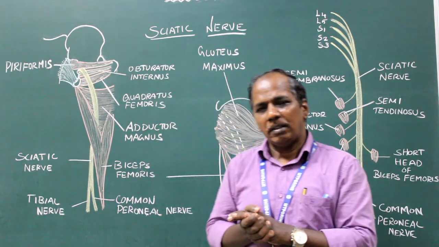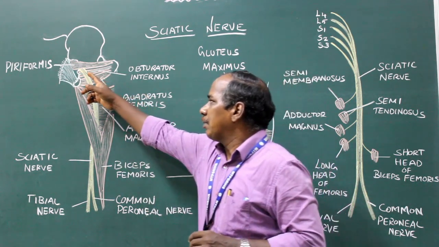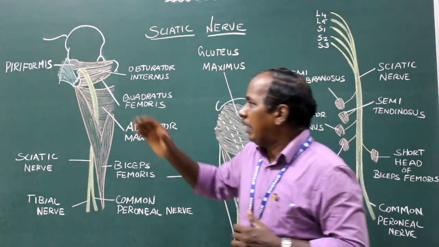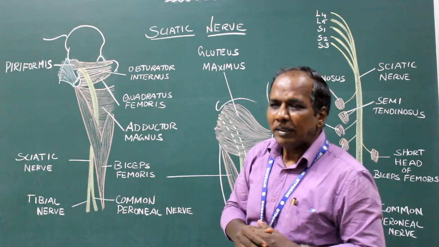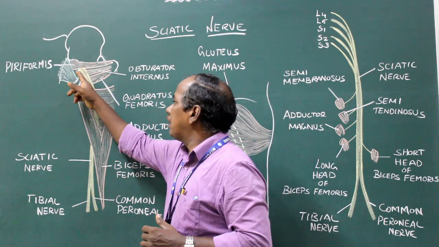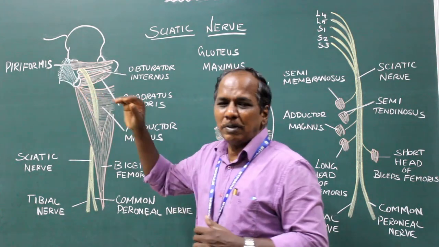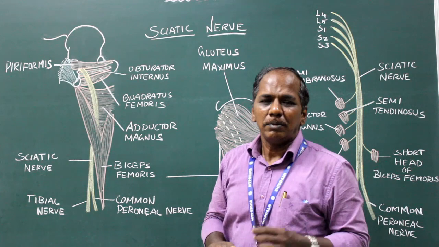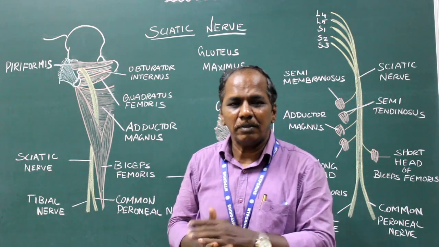Course. The nerve starts in the pelvis in front of the piriformis. It exits the pelvis by passing through the greater sciatic notch where it enters the gluteal region and descends in the posterior compartment of the thigh, that is the hamstring compartment of the thigh.